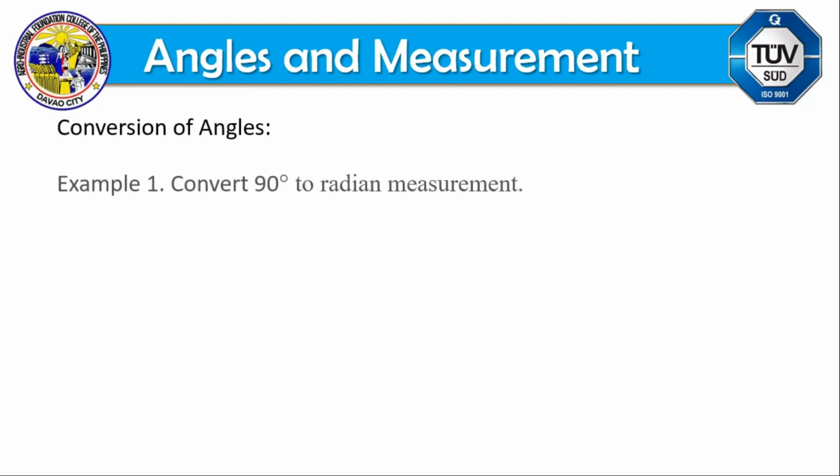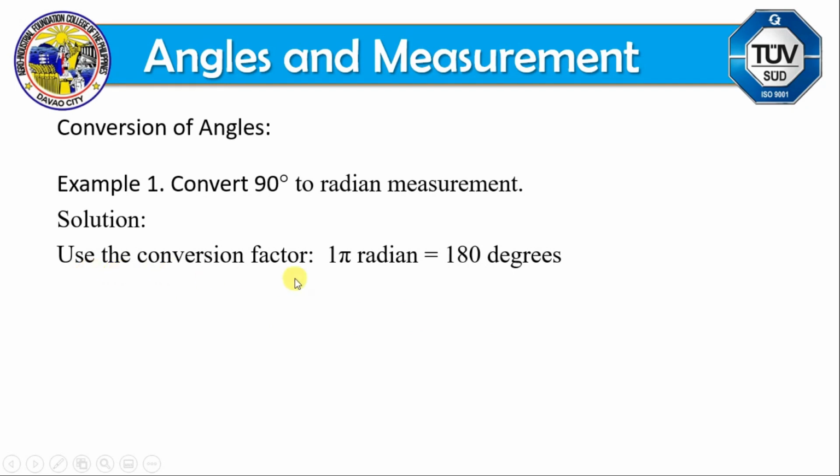For the conversion of angles, for example, convert 90 degrees to radian measurement. For the solution, we will use the conversion factor we mentioned earlier: 1 pi radian equals 180 degrees. We multiply the 90 degrees by our conversion factor.